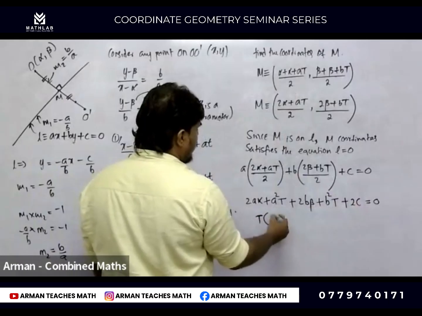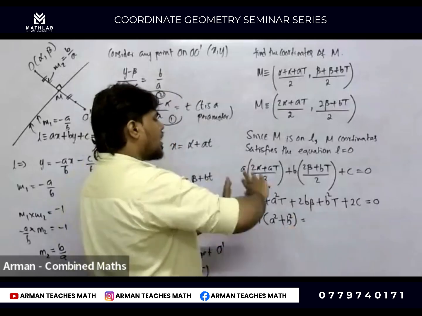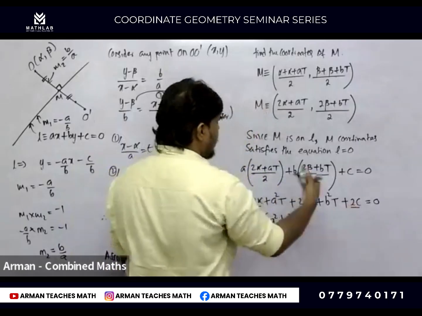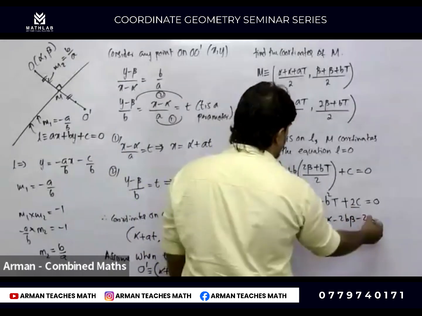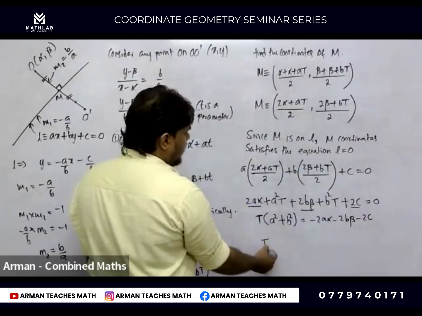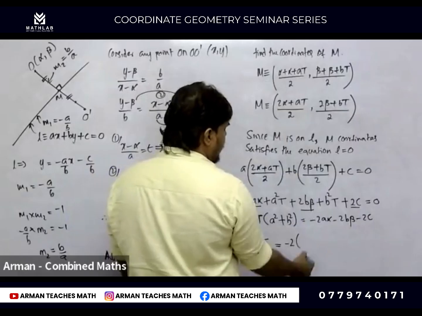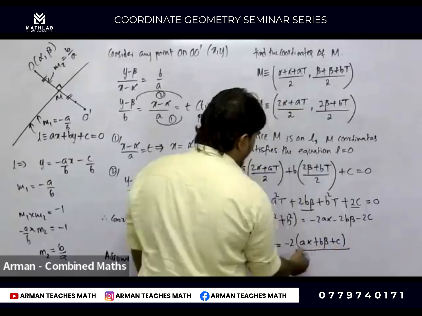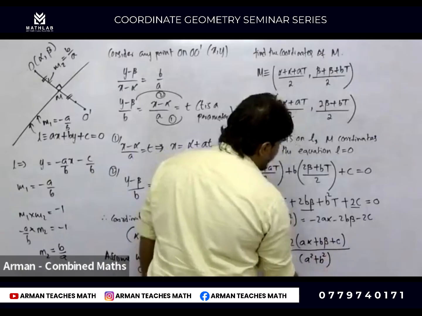So we get T times A squared plus B squared equals, taking all the other terms to the other side, minus 2A alpha, minus 2B beta, minus 2C. Now take minus 2 as a common factor outside, we get capital T equals minus 2 times A alpha plus B beta plus C, divided by A squared plus B squared.